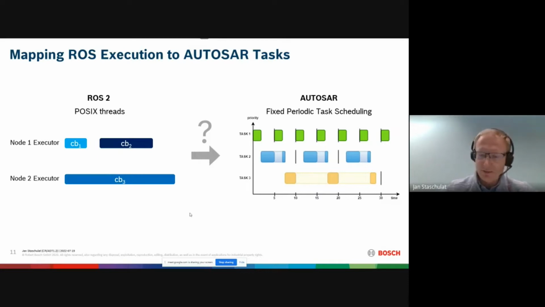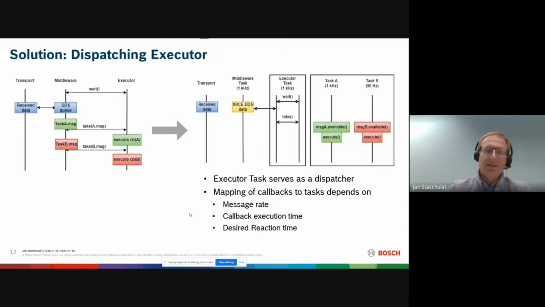So this has to be all mapped, and we found that this idea of the dispatching executor fits very well to this context. As shown here on the left side, this is the normal way of executing micro-ROS callbacks: there is a handshake with the DDS, then you take one message, you execute the callback, take the next message and execute the callback.